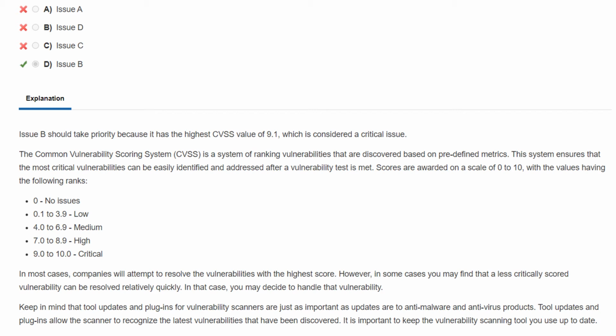Also, keep in mind that tool updates and plugins for vulnerability scanners are just as important as updates are to anti-malware and antivirus products. Tool updates and plugins allow the scanner to recognize the latest vulnerabilities that have been discovered. It is important to keep the vulnerability scanning tool you use up to date.